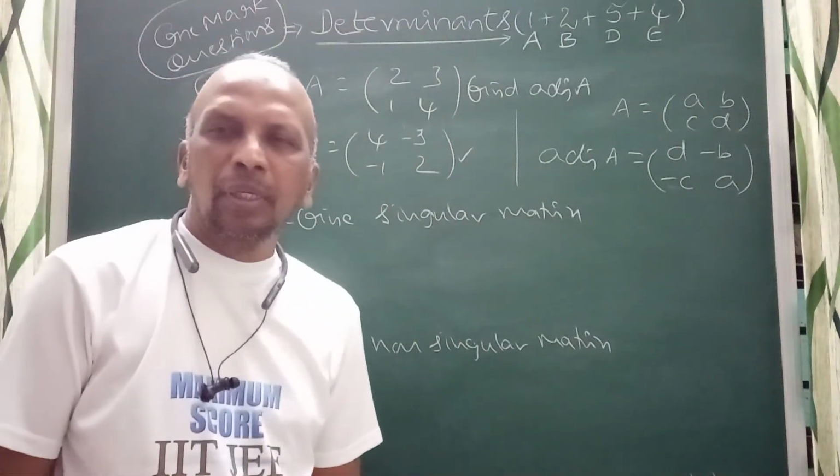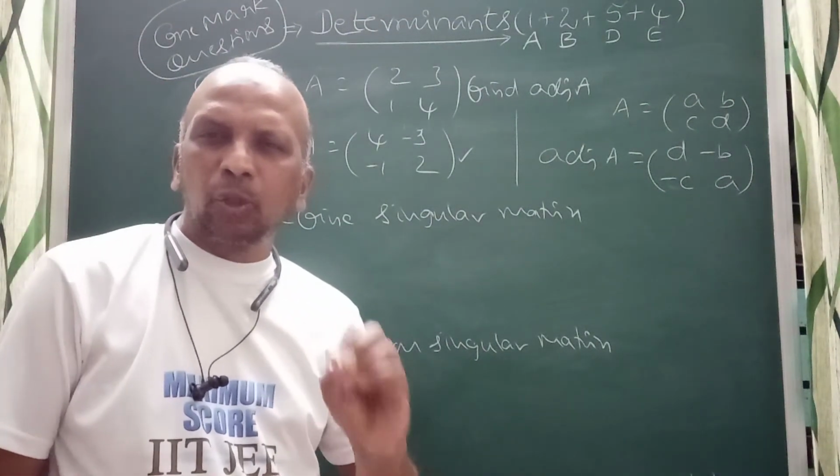Define singular matrix. If the determinant, if det A equals 0, then A is called a singular matrix.